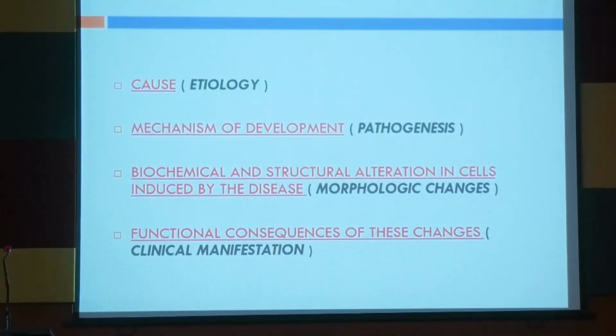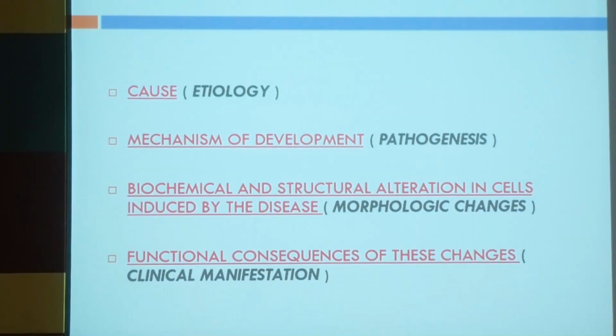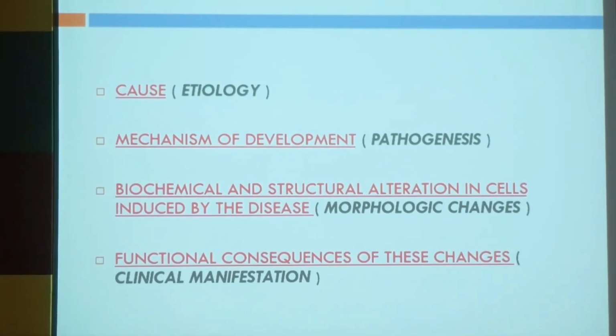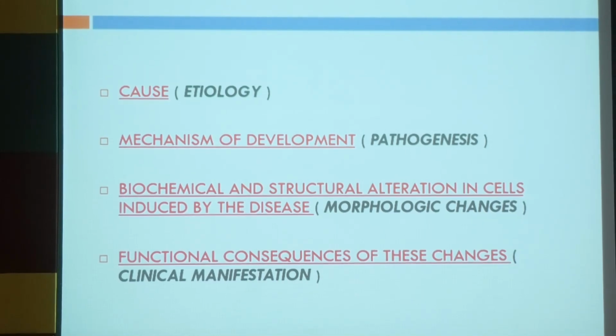Next one is mechanism of development, pathogenesis. And to know pathogenesis, right now the human genome has been mapped. We know many genes which are responsible for various diseases.